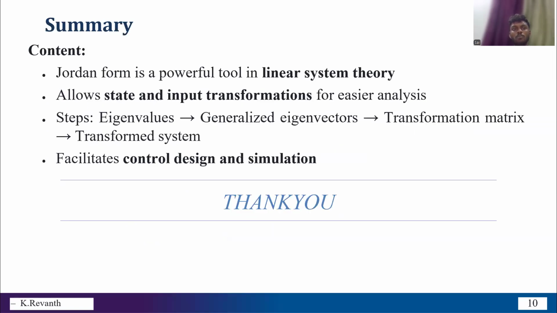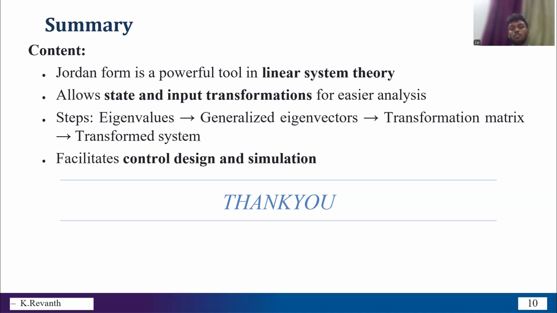Now, summary and conclusion. To summarize today's presentation, we began with the linear state space representation and the challenges of analyzing complex systems. We introduced the concept of the Jordan canonical form, a block diagonal form for simplifying system matrices. We discussed state and input transformations that make system analysis easier.